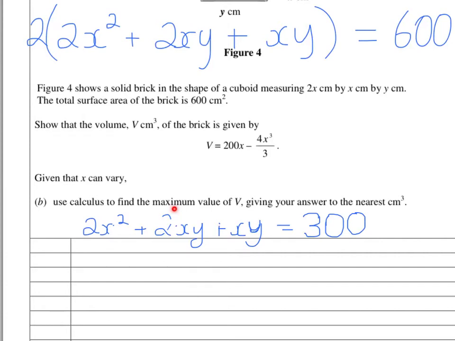These terms are the same, the xy, so I can collect those together. So I get 2x squared plus 3xy equals 300.